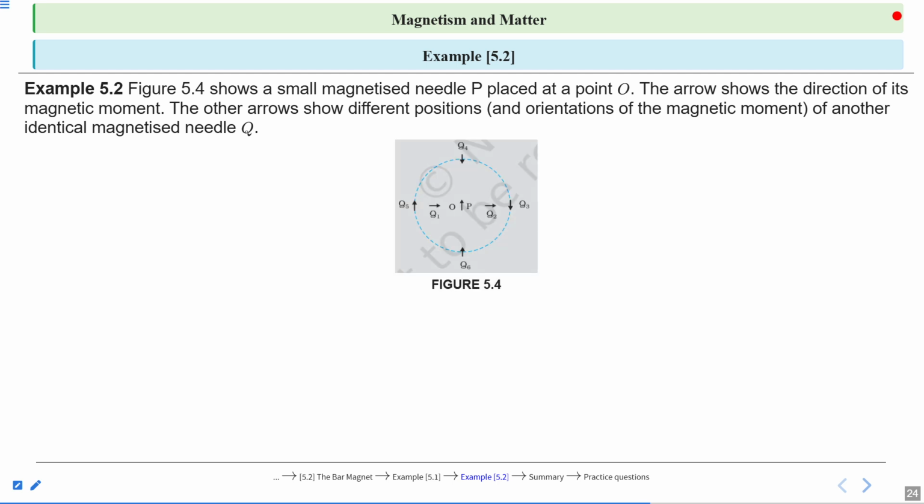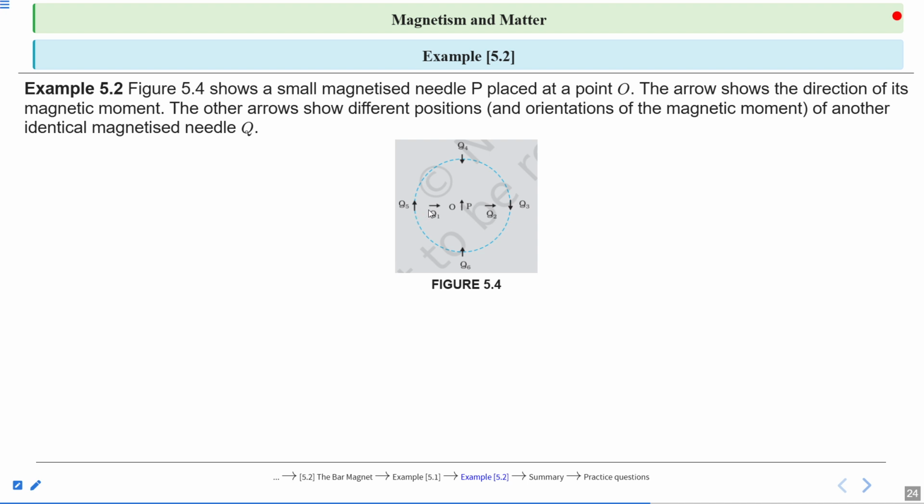There is a small needle P placed at point O, and the direction of this arrow shows the magnetic moment of this needle. There are other small magnetized needles given, Q1, Q2, Q3, Q4, Q5 and Q6. The directions of the arrows give the directions of the magnetic moments and their orientations.